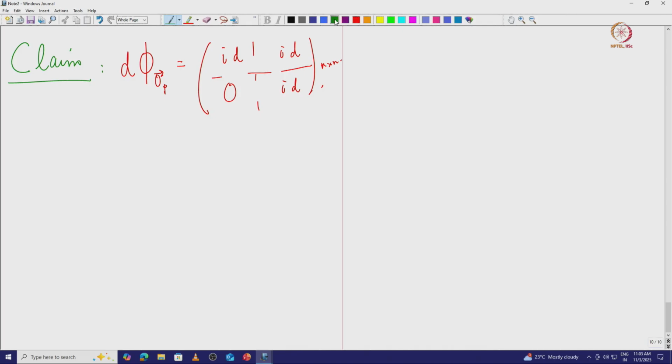So let's prove this. Again recall that this is given by U cross R^n. So how do you calculate the derivative map? To calculate the derivative map, you take a curve and compute its derivative. You take a curve, you look at the image of that curve under phi and compute its velocity vector. That's the way to consider it. So there are two types of curves.